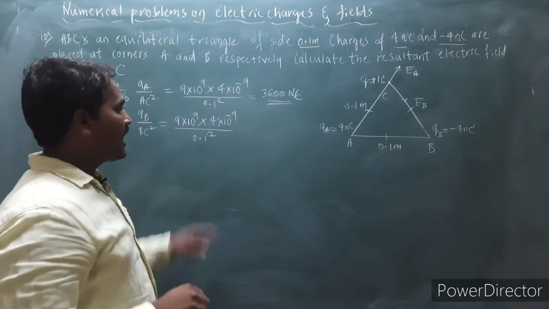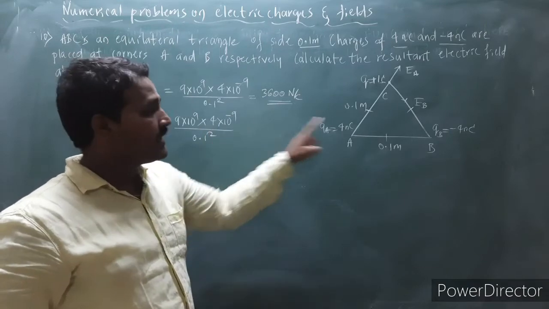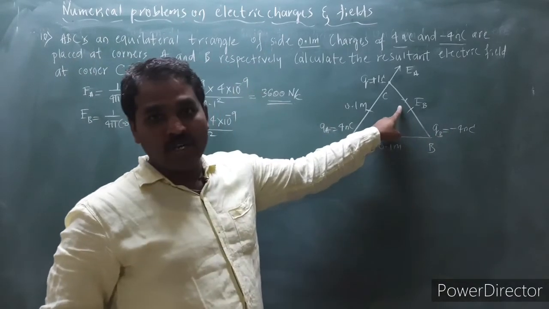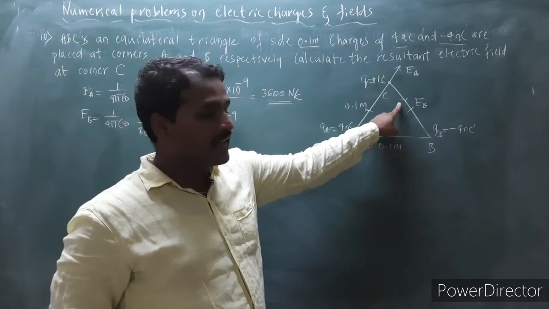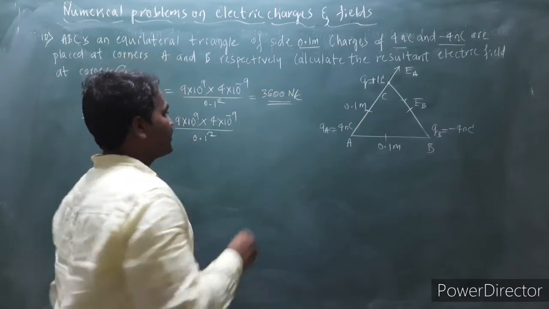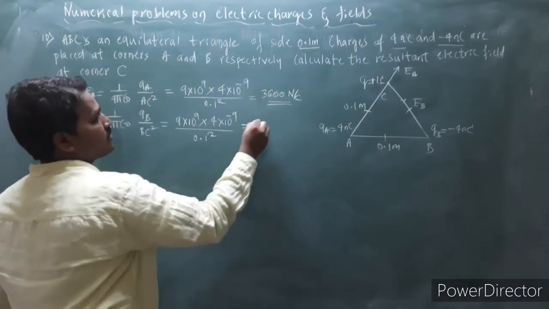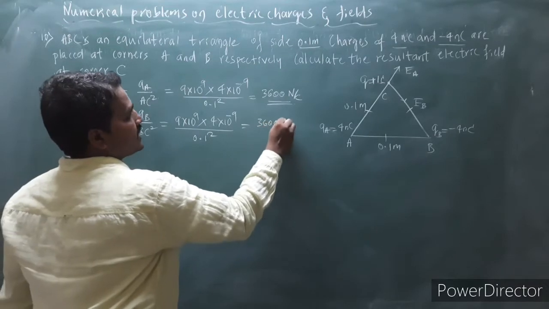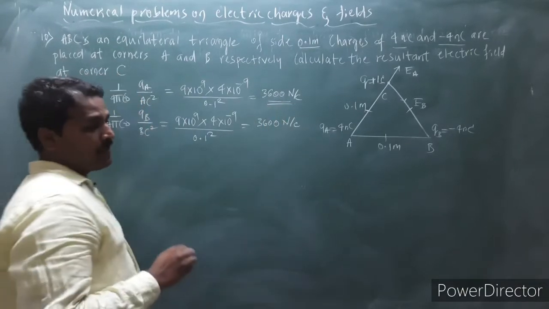Here you can observe I am not writing the minus sign, because I have already considered that negative sign while marking the direction of electric field EB. All these values are the same, so this also comes to 3600 newtons per coulomb.